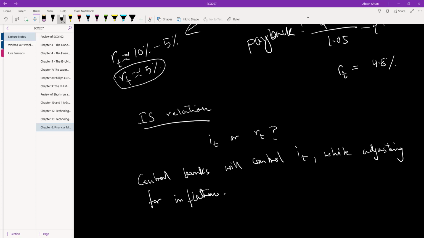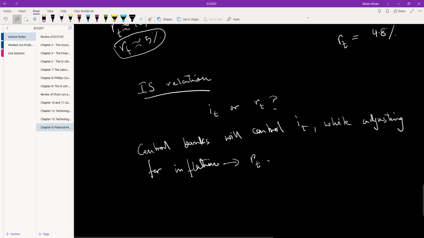So when the central bank is adjusting the nominal interest rate, of course, they keep in mind inflation and what inflation is expected in the economy, and based on that, what real interest rate will be faced by the customers. So effectively, what the central bank is doing is trying to adjust r_t. They're increasing or decreasing i_t, of course, but they're trying to change i_t in a way that r_t ends up at the level they want.